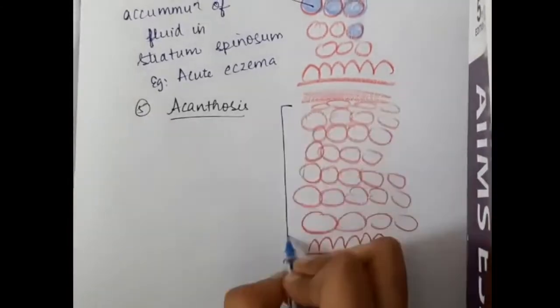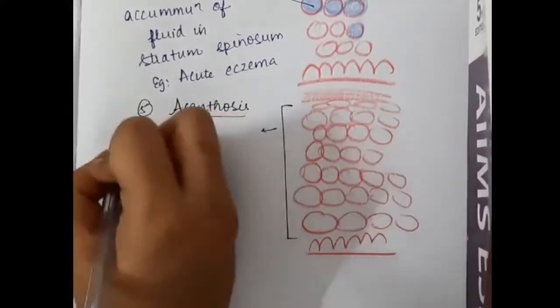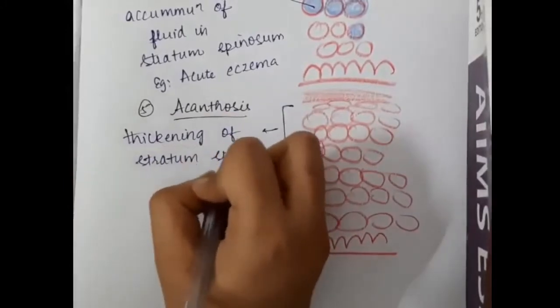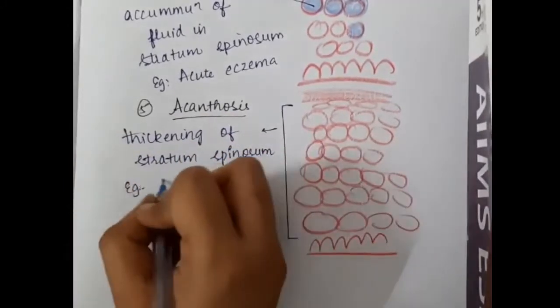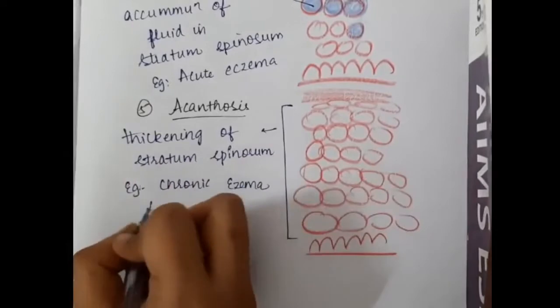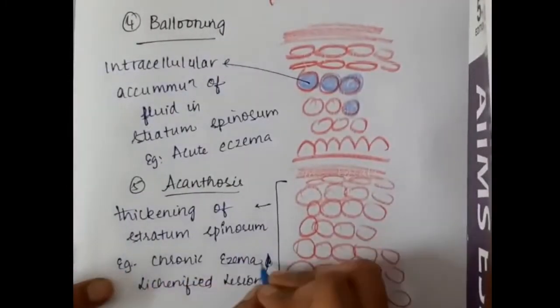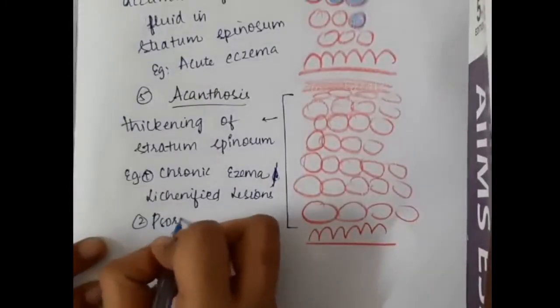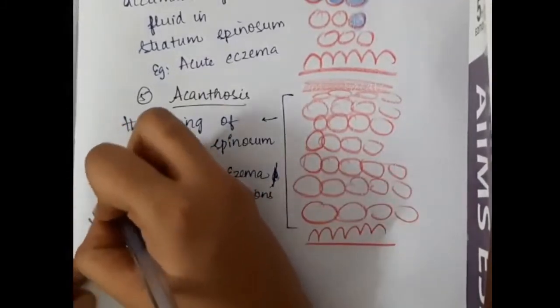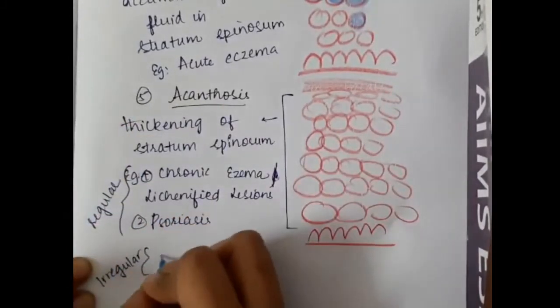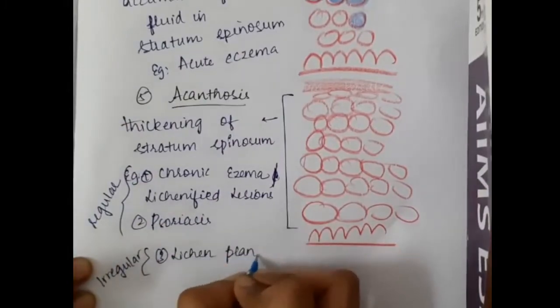Examples of acanthosis include chronic eczema, lichenified lesions, and psoriasis. Both of these are regular acanthosis. We also have irregular acanthosis, especially lichen planus.